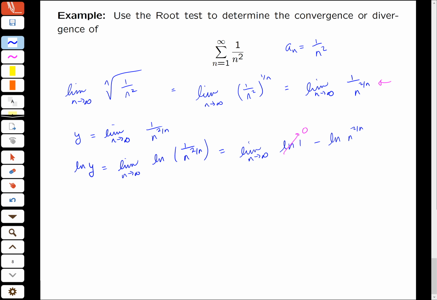So then this becomes the limit as n goes to infinity of minus the natural log of n to the 2 over n. What should we do with our exponent right here? Out in front. I'm going to write that as minus 2 natural log of n over n.